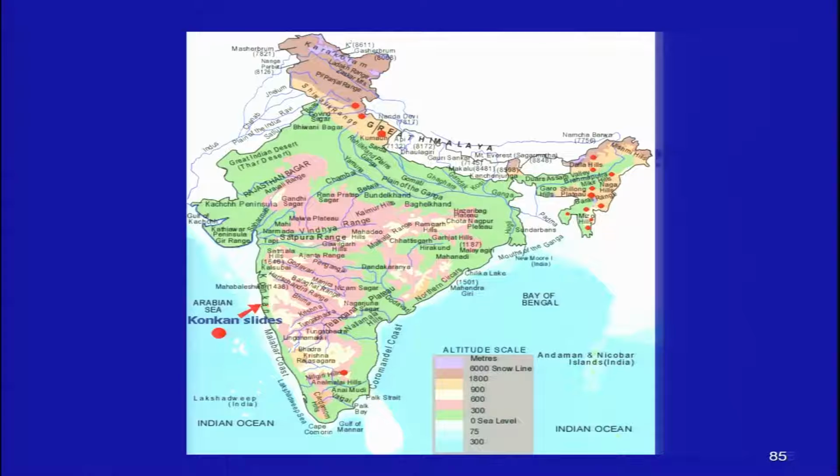Okay. So, you will find a lot of news during monsoon that this area is experiencing more landslides. This is because of the lithology, the rock type in that area, as well as because of the heavy rain. So, these are the prominent areas of landslide in India.